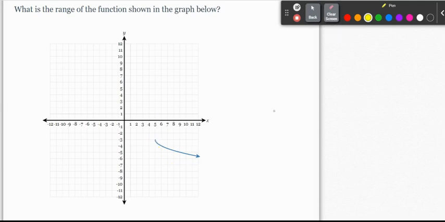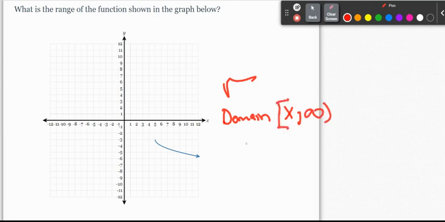All square root functions are restricted in the domain and in the range. So square root functions, they are always restricted. The domain is going to be some x value, comma, infinity, and the range is going to be some y value, comma, infinity.